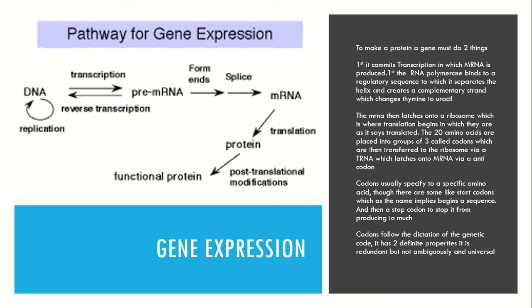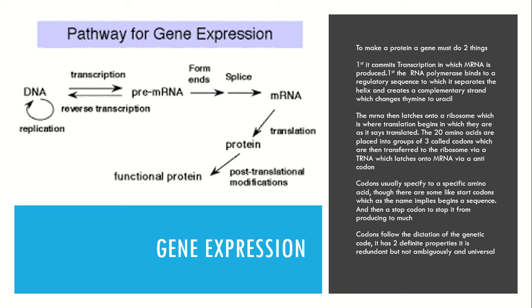Transcription, as the name implies, basically makes an mRNA: it takes a strand, latches on, and makes a complementary strand, which is basically identical to the strand except all T's are turned into a U. Then it travels over and latches onto a ribosome to be translated and start producing amino acids.